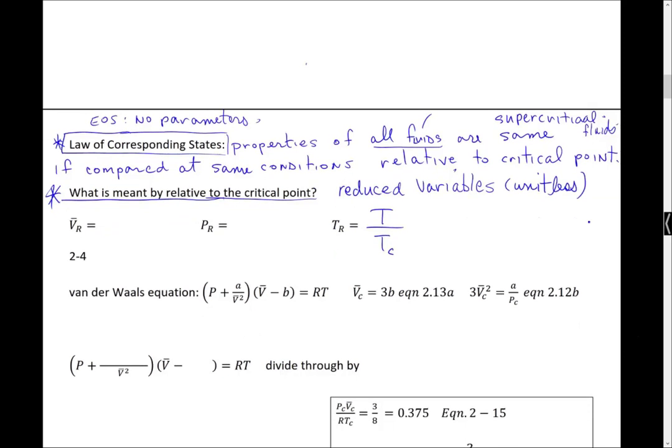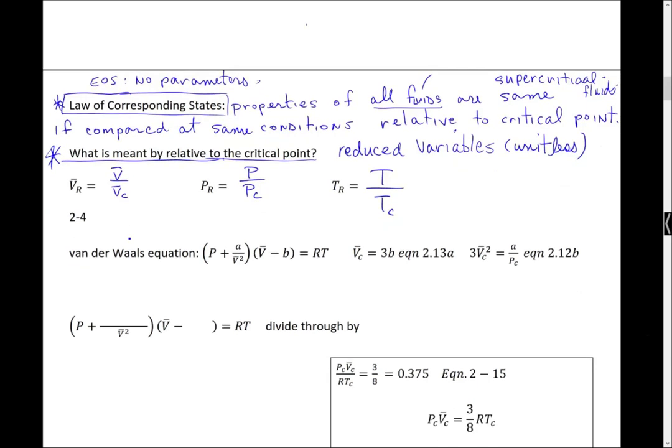Okay? All right, we can do the same thing for pressure. So whatever pressure we're interested in, experimentally or using an equation of state, we reference that to the critical pressure, and then same thing for the molar volume. So V over Vc. All of these are unitless, and they tell us where we are relative to the critical point for a given material.